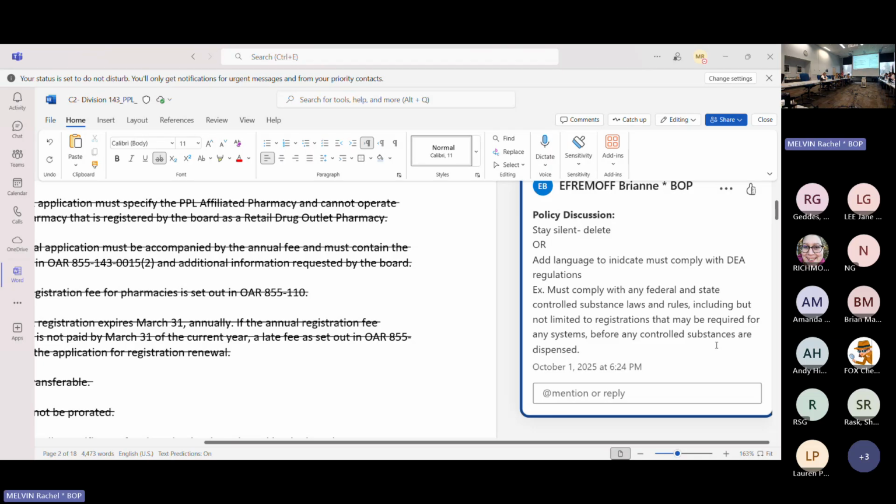I would say, stay silent, delete. Again, can you put your ready prescription into your will call area? If the answer is yes, then by definition prescription lockers are an extension of will call.